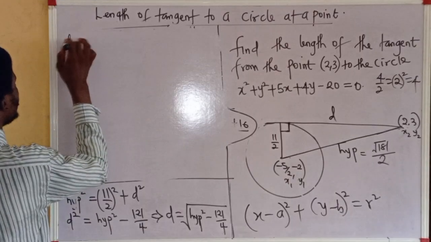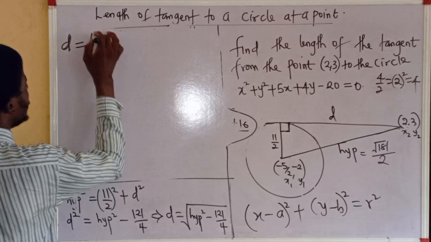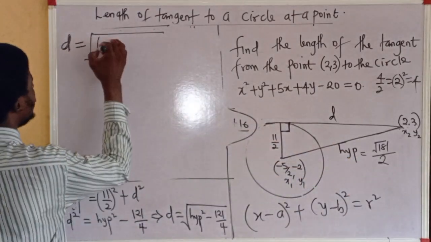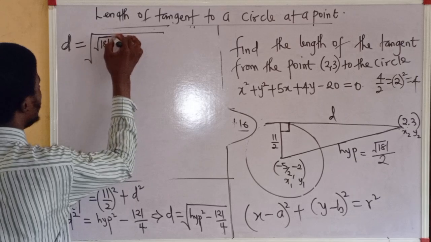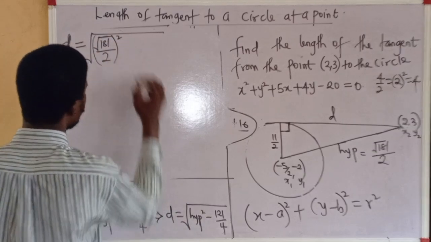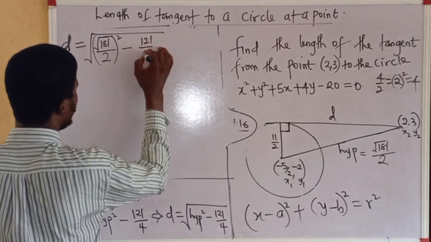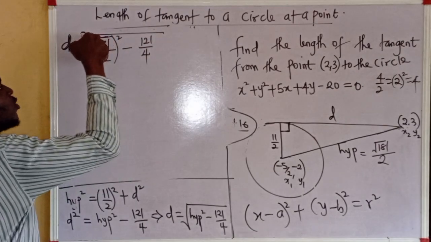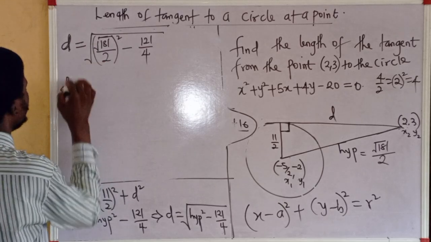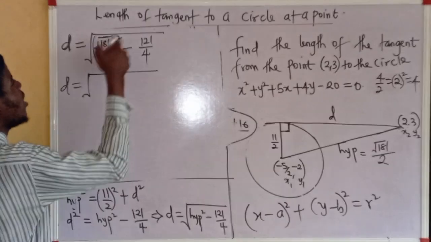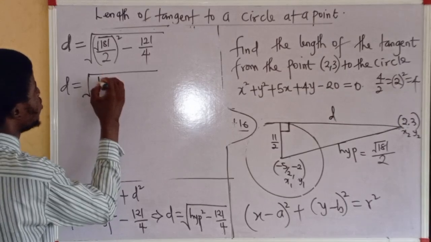So the distance, which is the length of the tangent, is equal to the square root of root 181 all over 2, all squared, minus 121 all over 4. The square is affecting both root 181 and 2. So d is equal to this. We have root 181 all squared is 181.